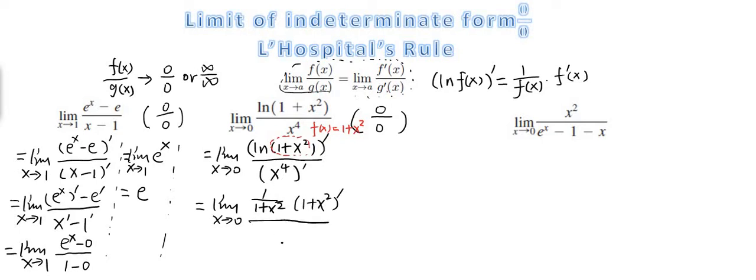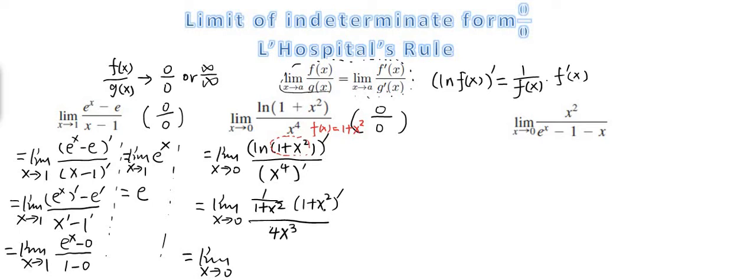In the denominator, that is the power rule, so we get 4x cubed. And again, following the sum rule, we do the derivative for each of the two terms.